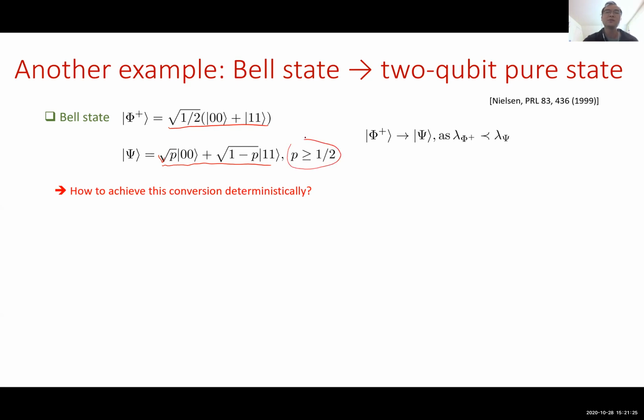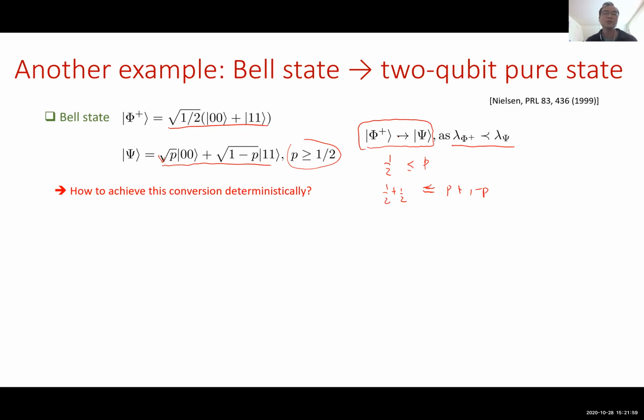Assume p is greater than 1/2, so I know 1/2 is less than p, and 1/2 plus 1/2 is, in this case, equal to p plus 1 minus p. So it's satisfied. So this means I can deterministically transform phi plus to psi, right? And how do I do this? Because I said I can do this deterministically, but how do I do that?